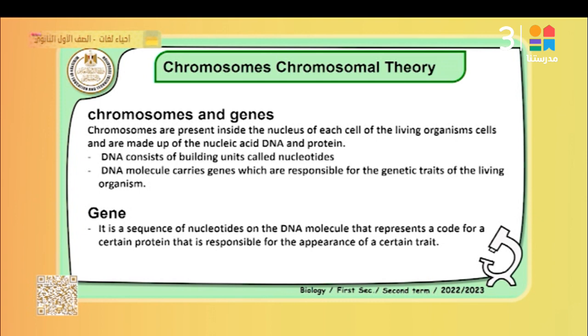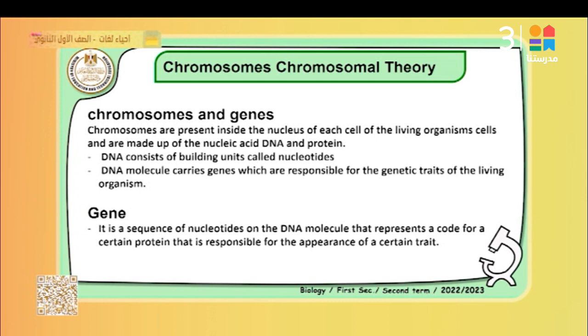What is the meaning of a gene? A gene represents a sequence of nucleotides on DNA that is the code for a certain protein responsible for the appearance of a certain trait. That means a DNA sequence of nucleotides: adenine, adenine, guanine, thymine, cytosine.